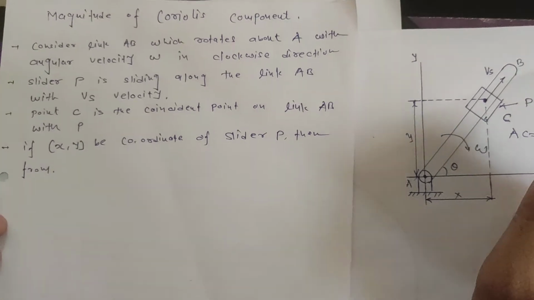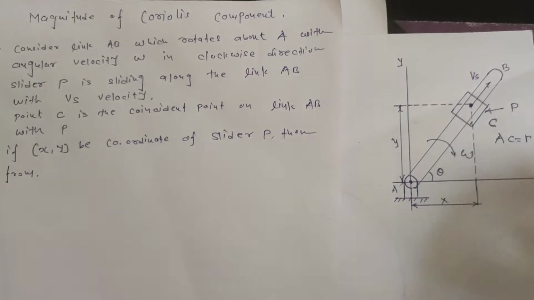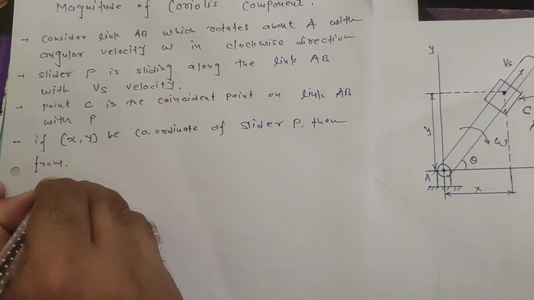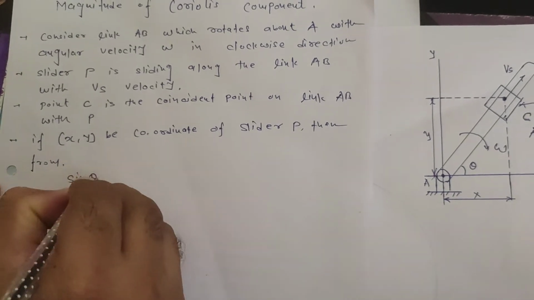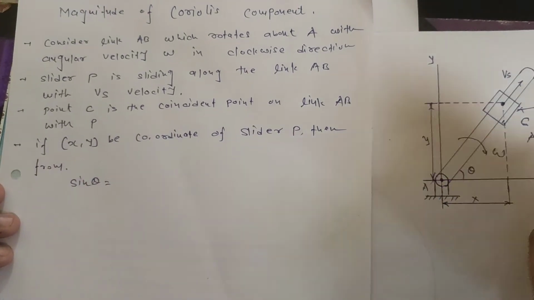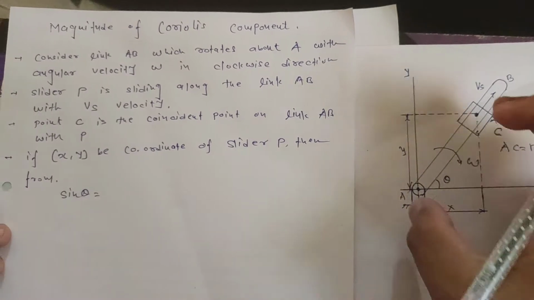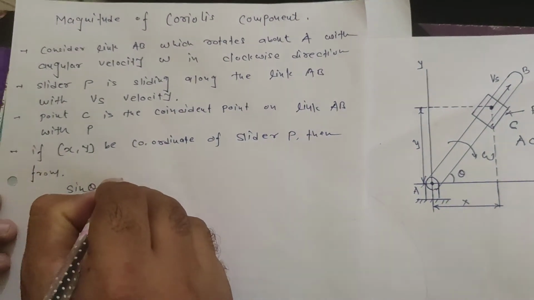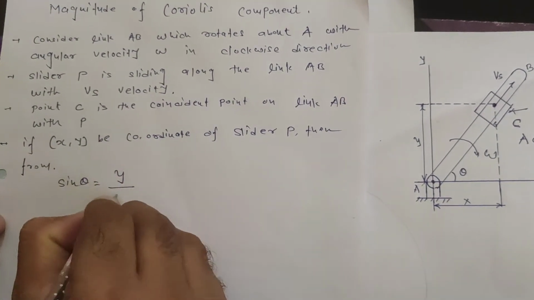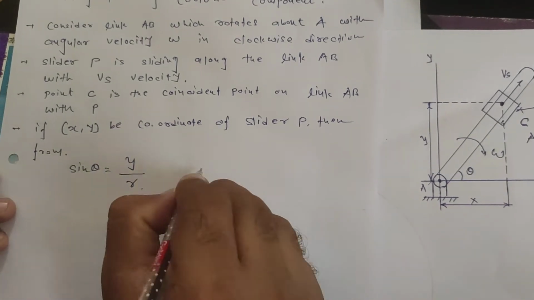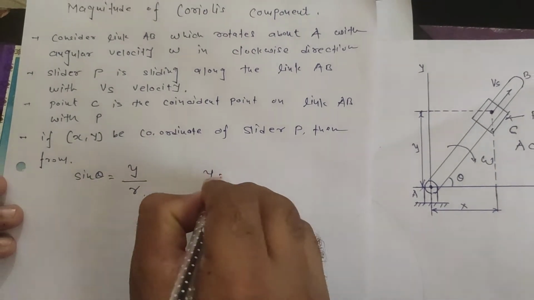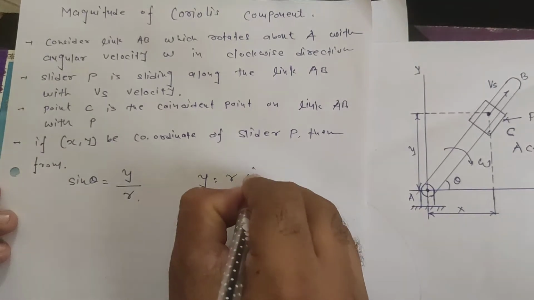If we consider the equation of sin theta or cos theta, sin theta is equal to y upon r. So y is equal to r sin theta.